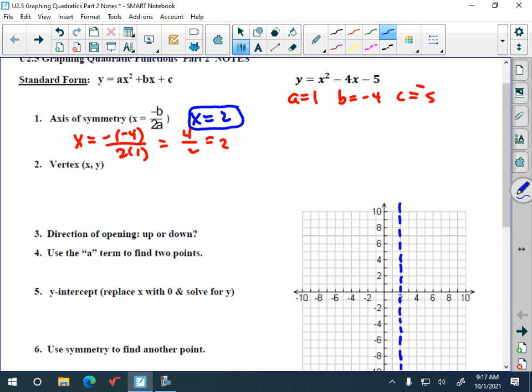All right, so that means the vertex of our parabola has to fall somewhere on this line. Now, the vertex we're going to get by taking that x value that we just found, that is x for the vertex. Now, to get the y value, which is going to tell us how high to go on this line, you're going to plug that value back in for x in the original problem and solve for y.